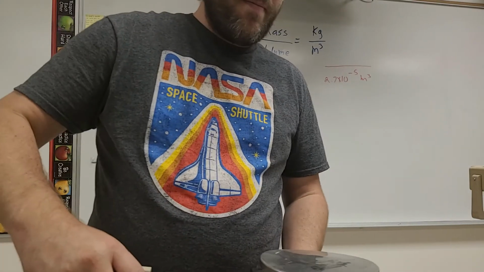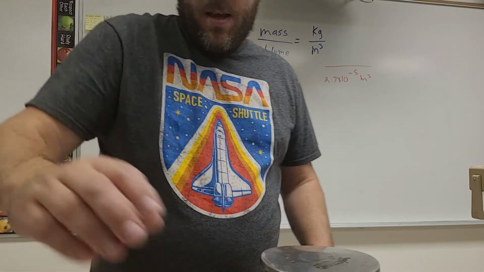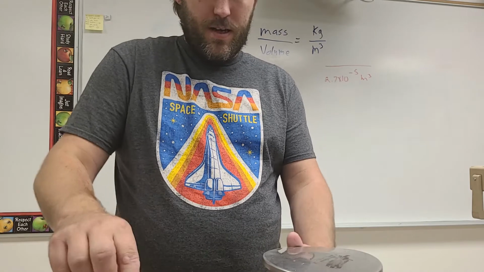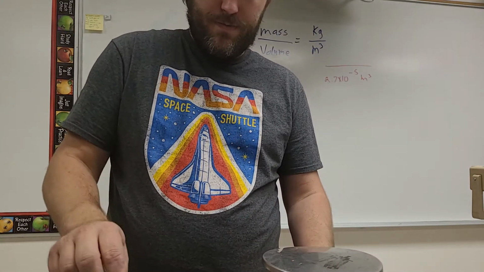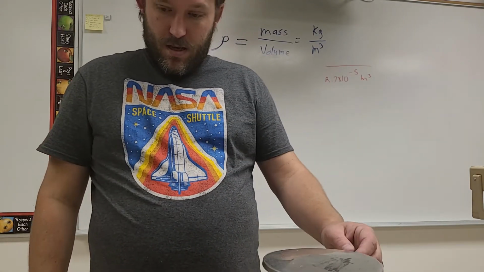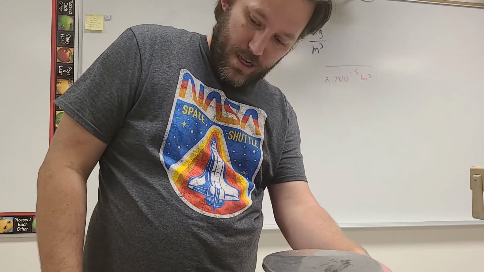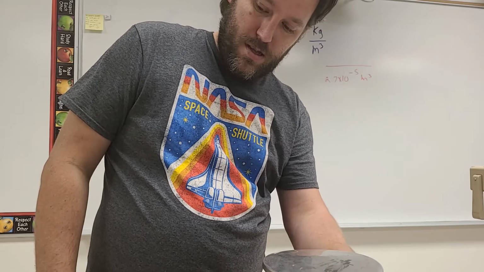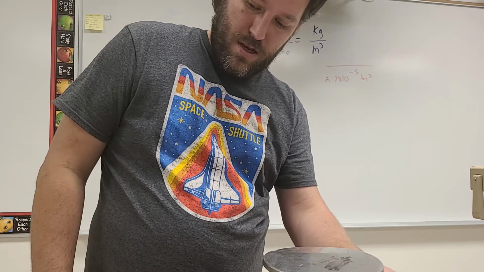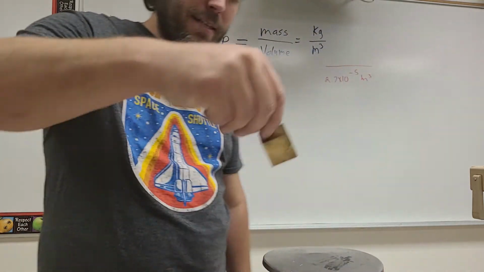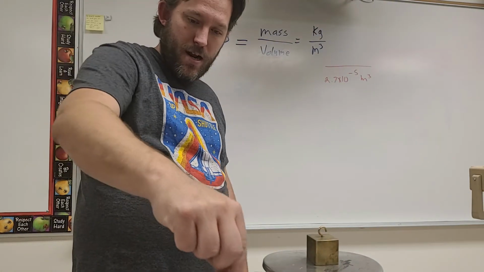Okay, so triple beam balance here. Put it to 0 because right now it's all over the place. I zeroed it not too long ago, so it might still be zeroed. It's close, still a little off though. And good, close enough. All right, then we get the mass of this block. Drop it on there.